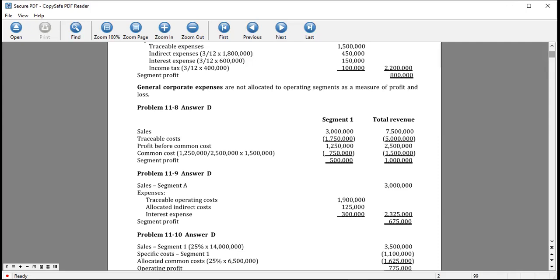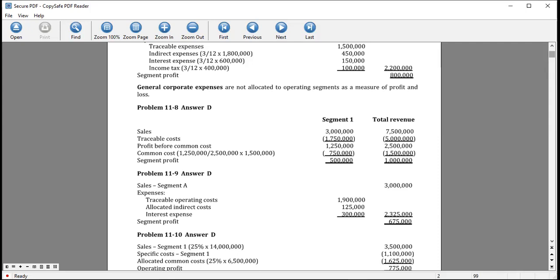Interest expense is included in the measure of profit or loss. Now, what amount should be reported as segment A's profit for the current year?